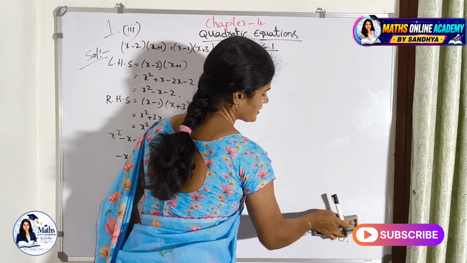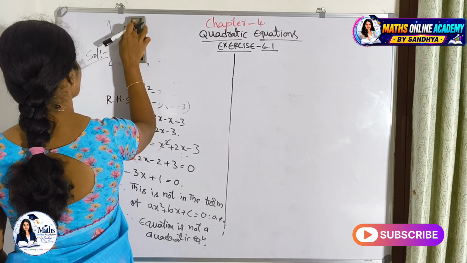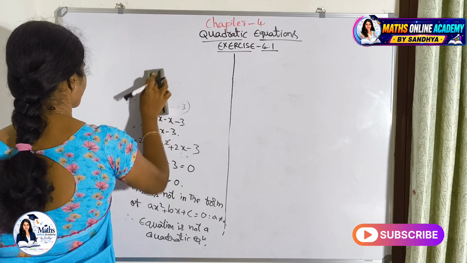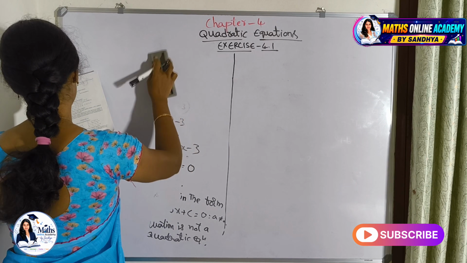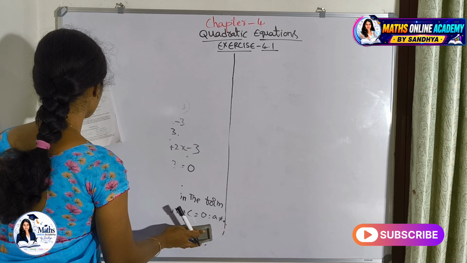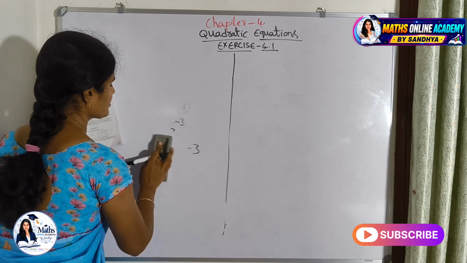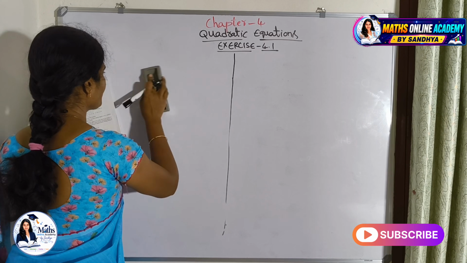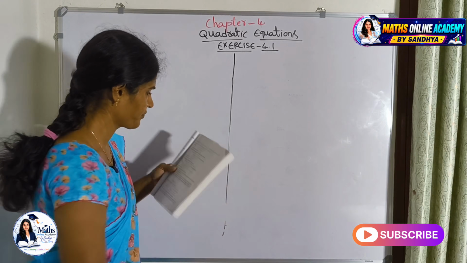Read the question in second question, first one. Let's read it. What is the question? See, represent the following situations in the form of quadratic equation. So those given situations we have to represent in quadratic equation form.